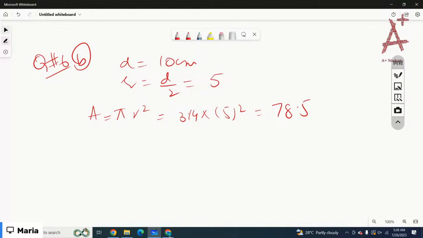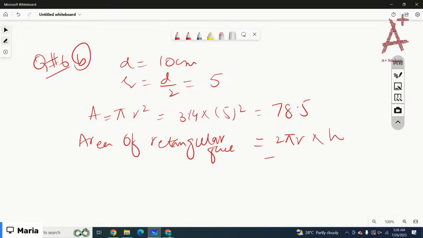Then you have to calculate the area of rectangular face. That would be circumference times height. Circumference is 2 pi r times h.